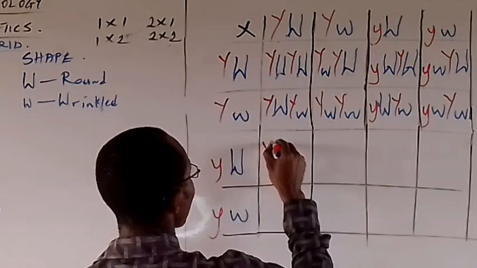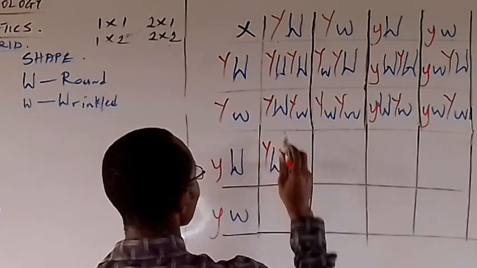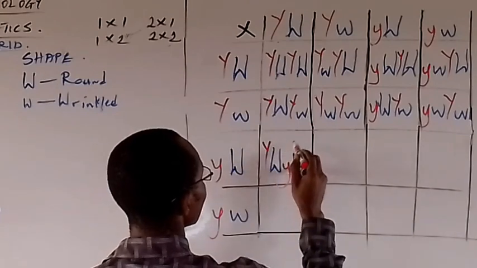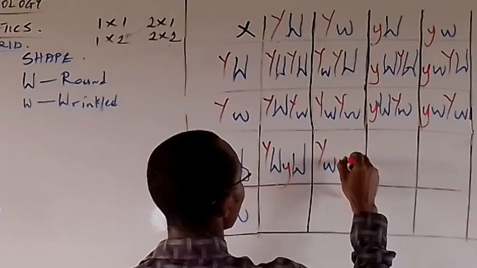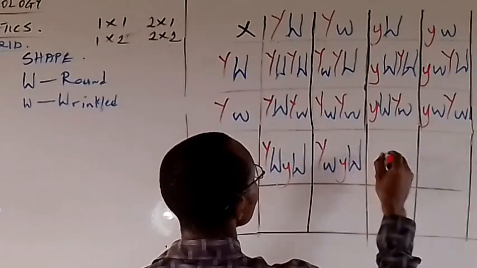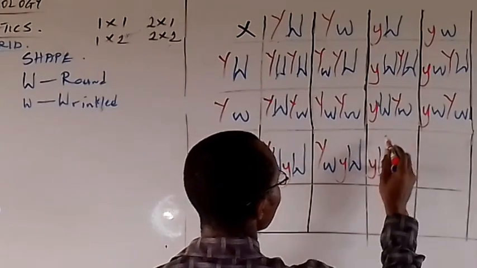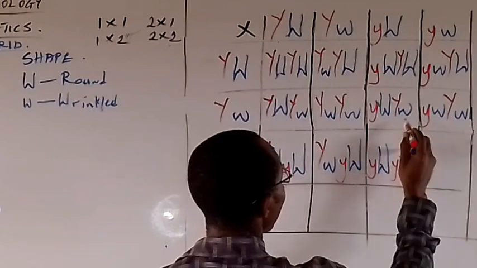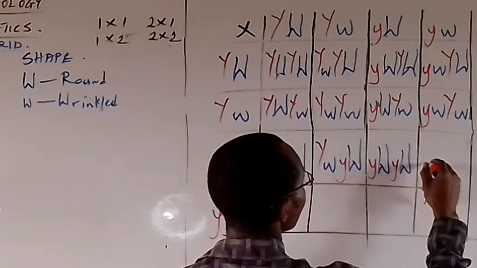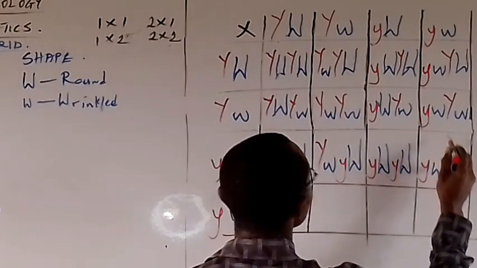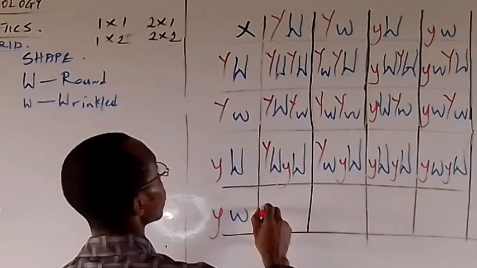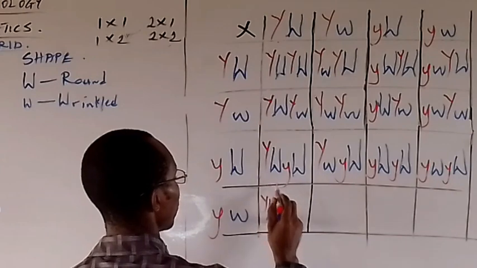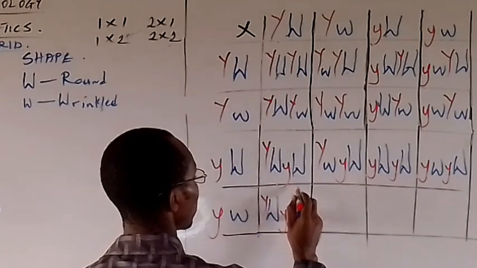So we have this one to the capital Y, capital W, small y, capital W. This one is capital Y, small w, and small y, capital W. We have here small y, capital W. Here we have small y, capital W. Here small y, small w, then small y, capital W. And here we have capital Y, capital W, small y, small w.